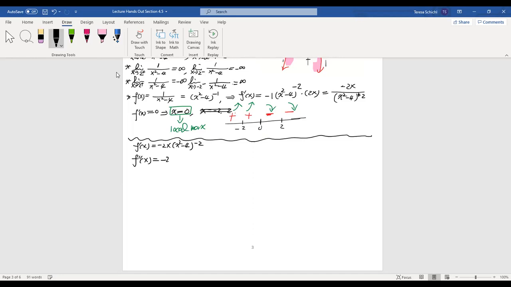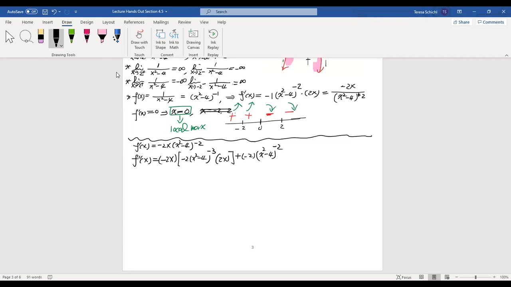So I fix negative 2x here, then here is (x squared minus 4) to the negative 3. Then I have a chain rule here, correct? Then plus, I take the derivative of the first term, so this is negative 2, then (x squared minus 4) to the negative 2 here.